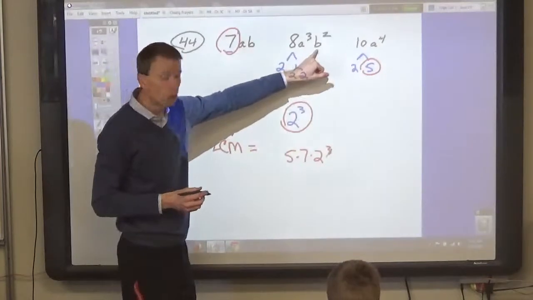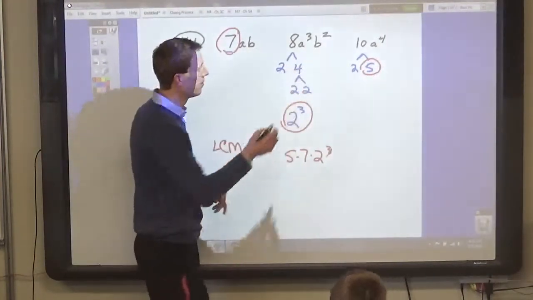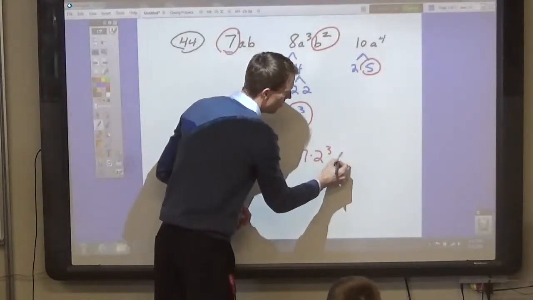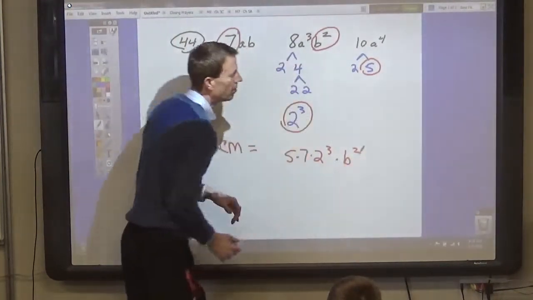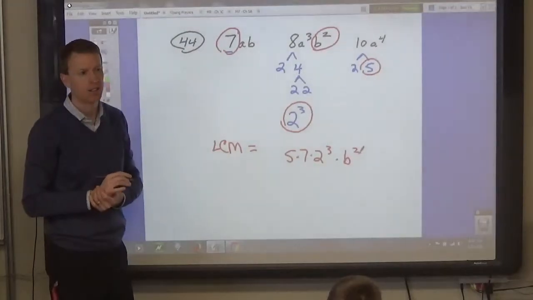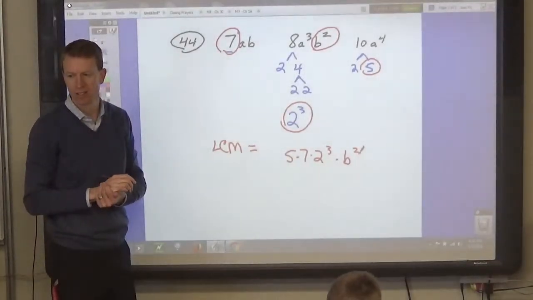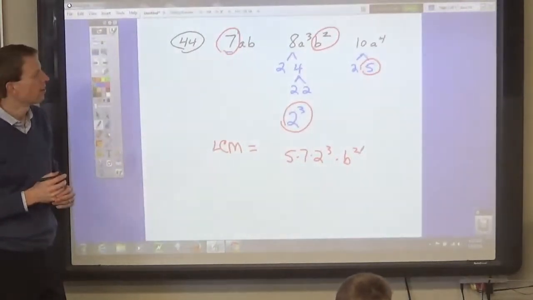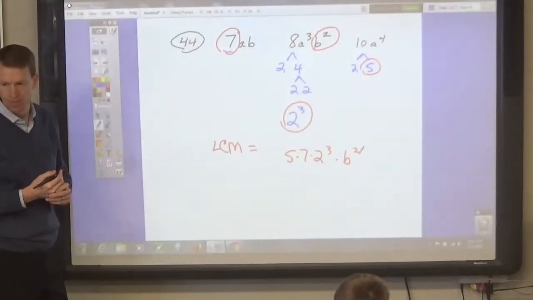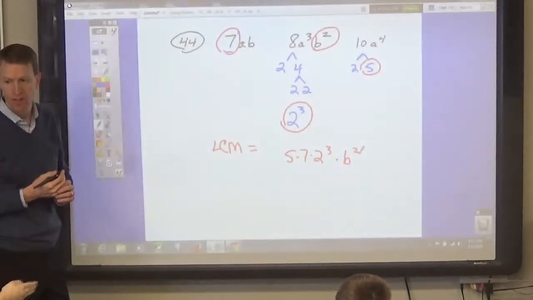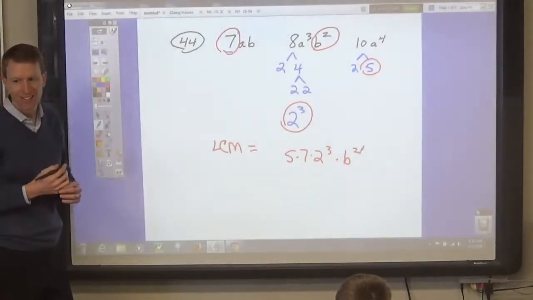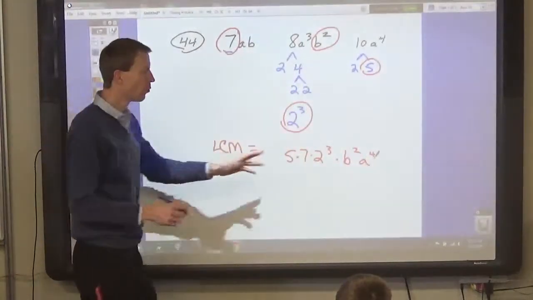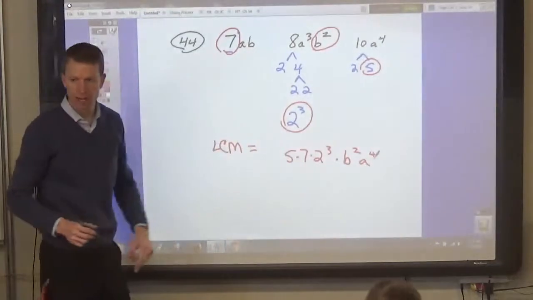The B, so B squared, use that, because that's higher than just the B. Reese, which A has the biggest exponent? And what does it have? Yeah, so A to the 4th power. Now we have to rewrite this because we have to put it in alphabetical order.